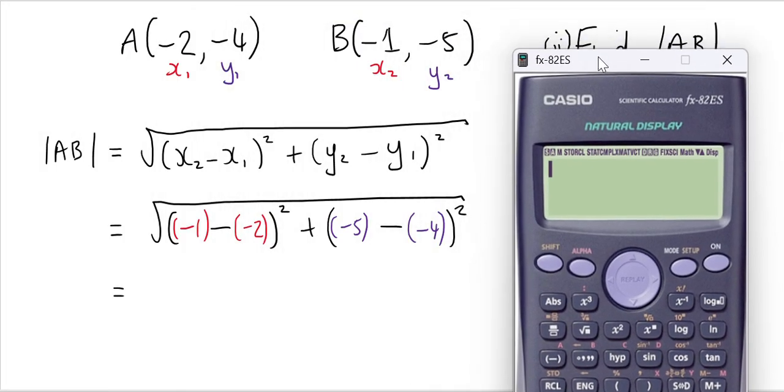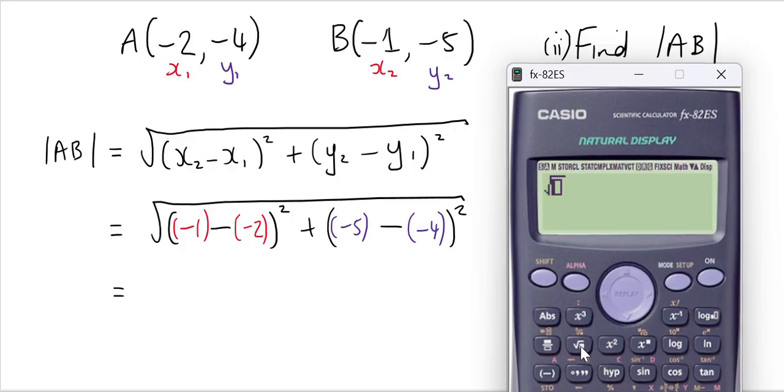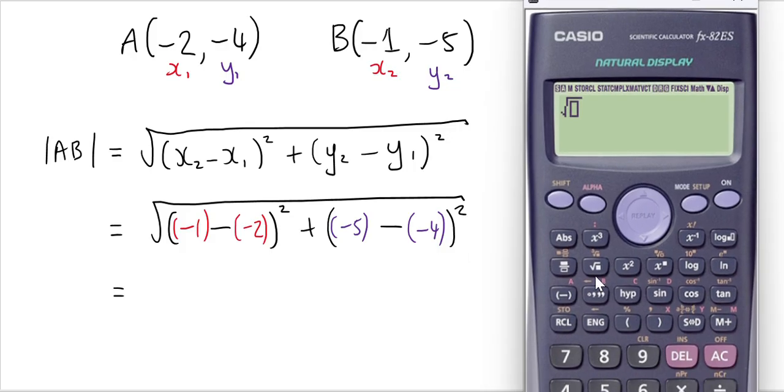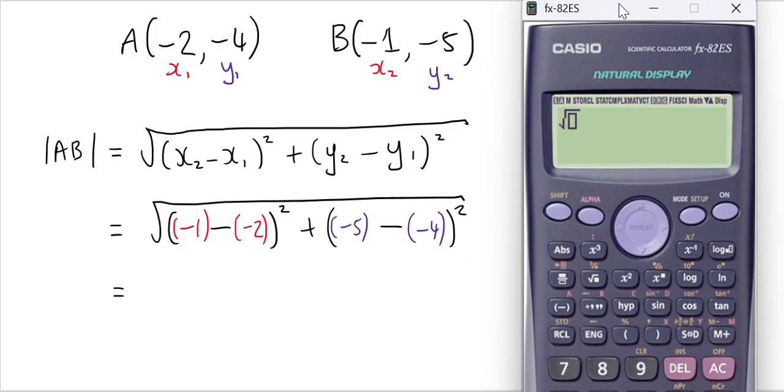So if we bring this in here and we throw in square root, and we've got an outside bracket going on here, so we'll just get that in there.